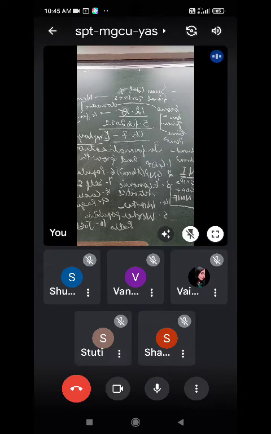Next point is these activities contribute to GNP. These are the activities which contribute to GNP.